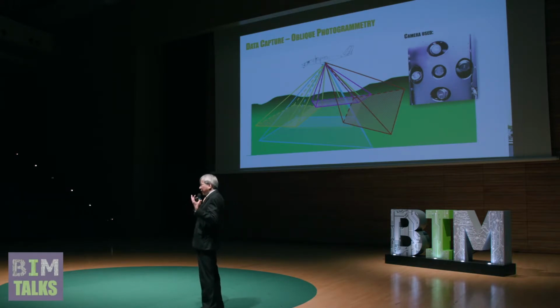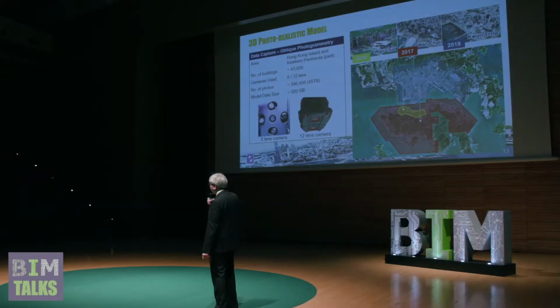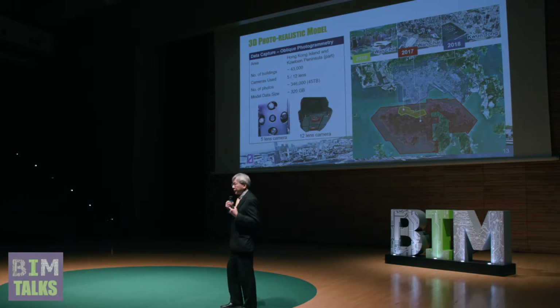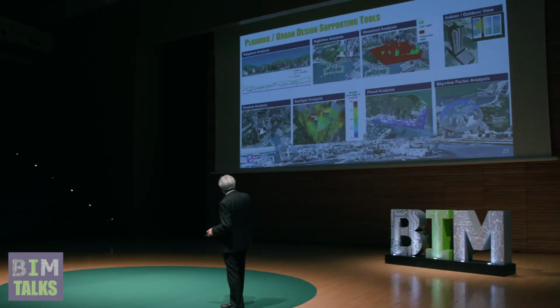At the back end, we capture all those data. You can see the data size, the raw data is about 45 terabytes already. So we use oblique photogrammetry to help build those 3D models. We built a 3D mesh model, converted into about 320 gigabytes. Let's move on quicker and see the results.